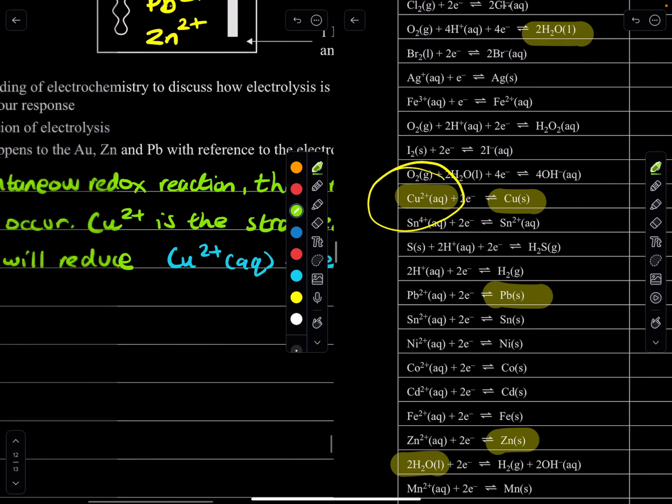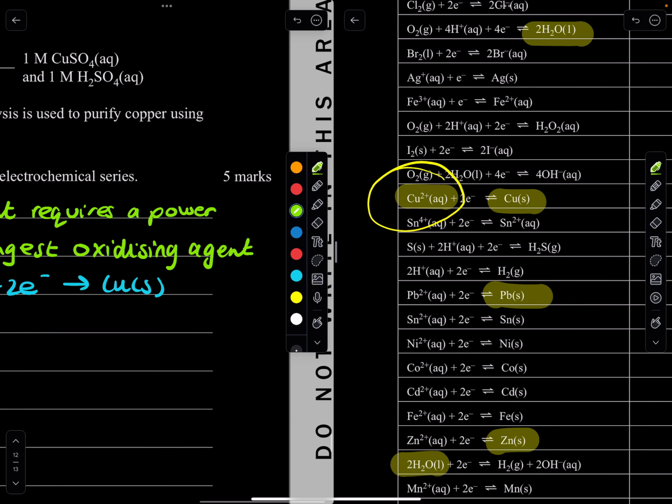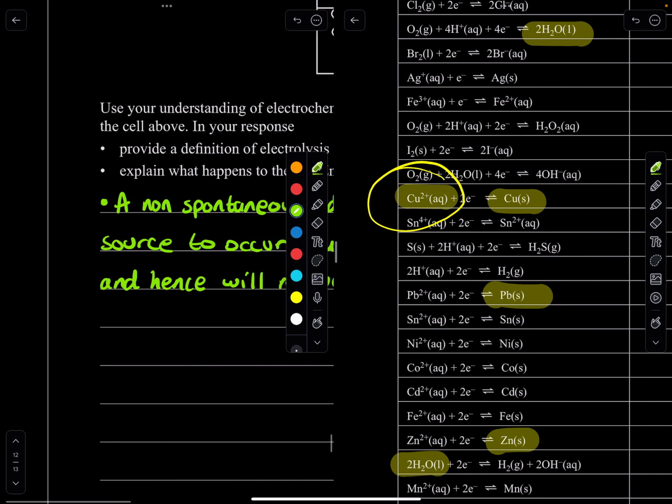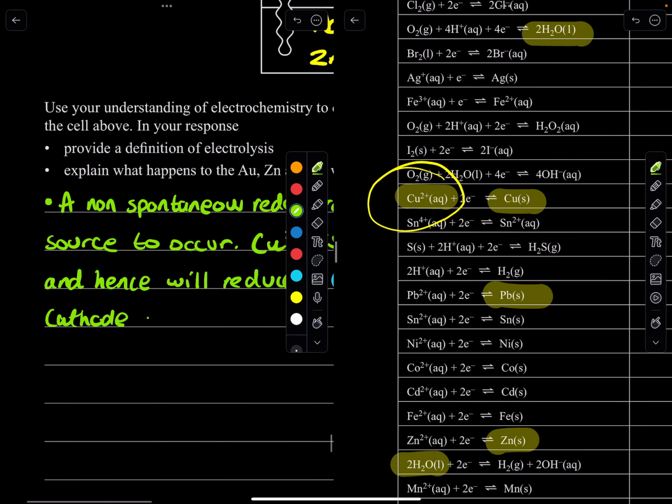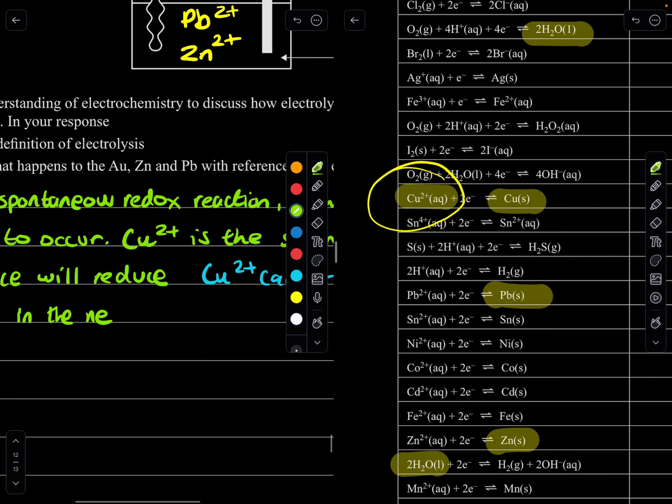And so it's going to act at the cathode, which is the negative terminal in electrolysis. So it's in the negative terminal. Done.